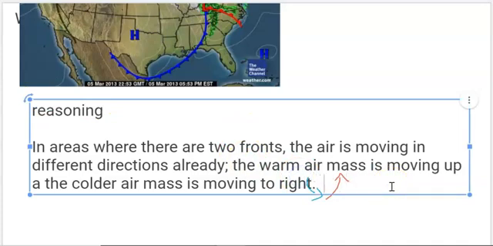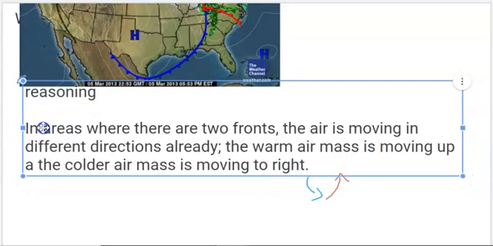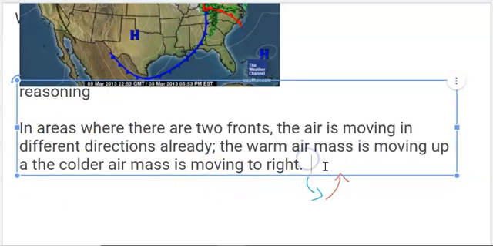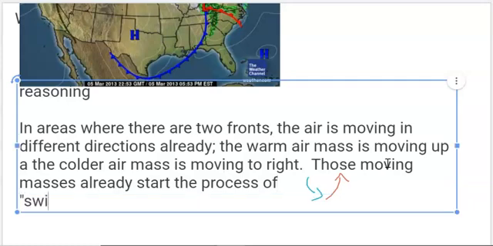which you may even put in there. You can add the drawing to your reasoning. I might leave that there for mine. Those moving masses already start the process of swirling air.